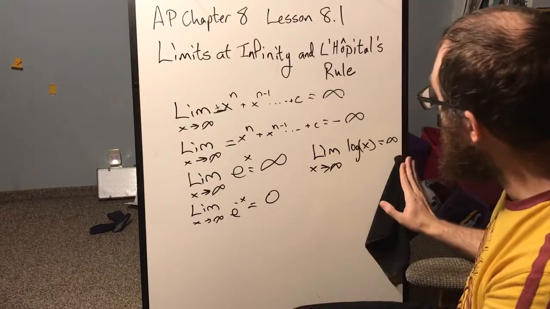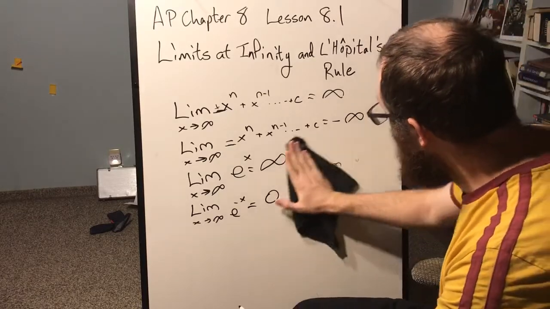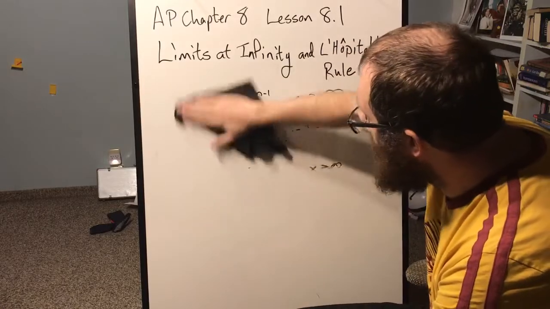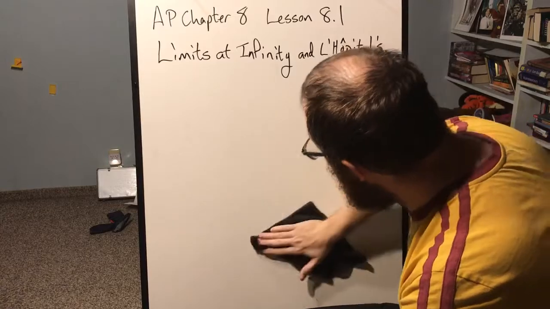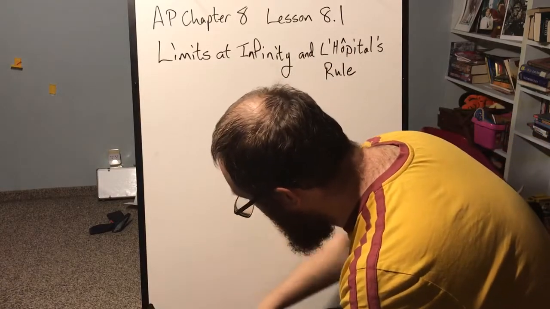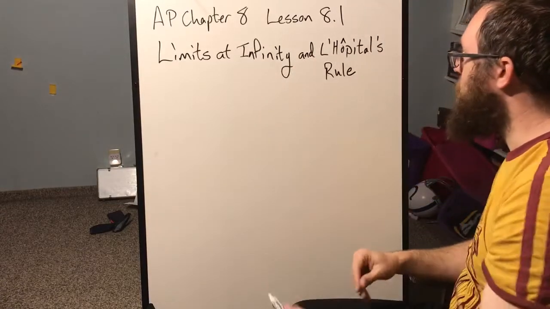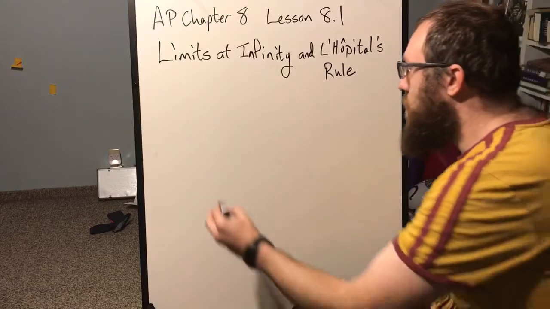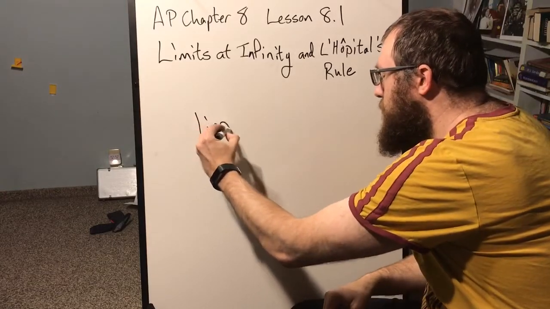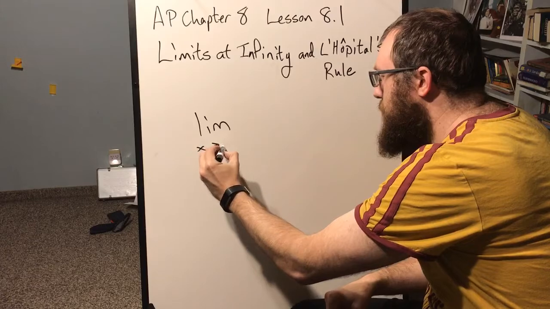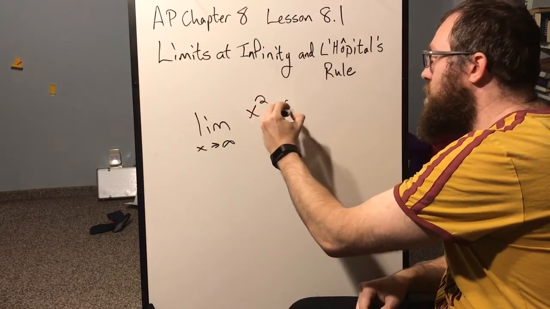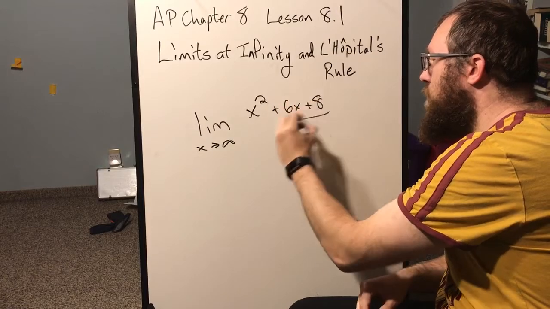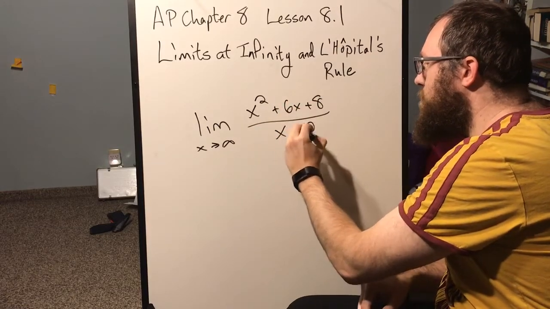The big picture is, how do we know what's happening when we have functions that are a mashup of multiples of these? So what is the limit as x approaches infinity of something like x squared plus 6x plus 8 over x minus 12?